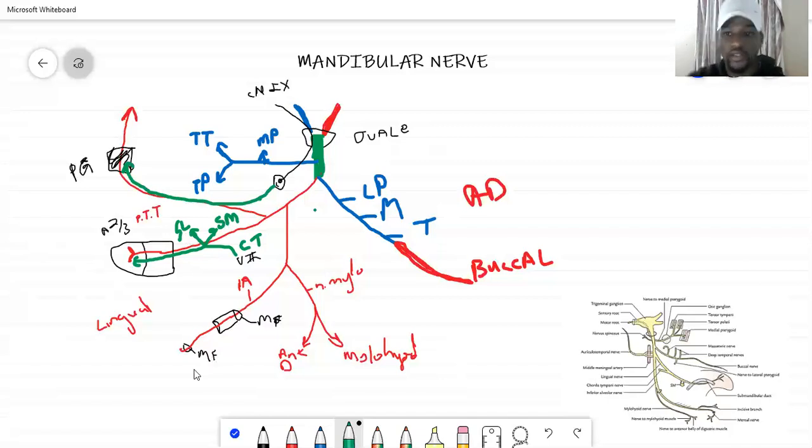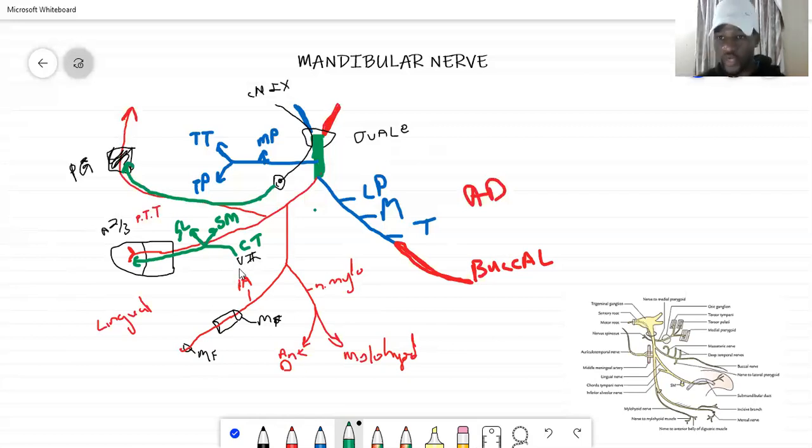So what you can see from here is that I've named three glands so far: the parotid gland, the sublingual, and the submandibular. But the parotid gland is innervated by cranial nerve number 9, whereas the sublingual and the submandibular is cranial nerve number 7, which is your facial.